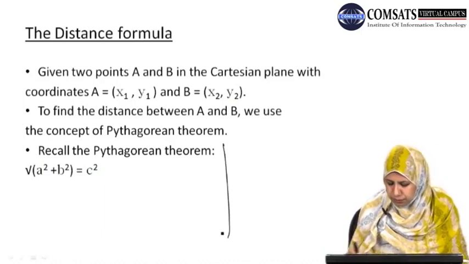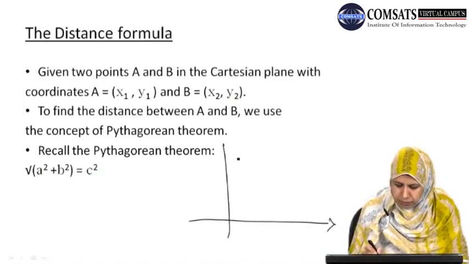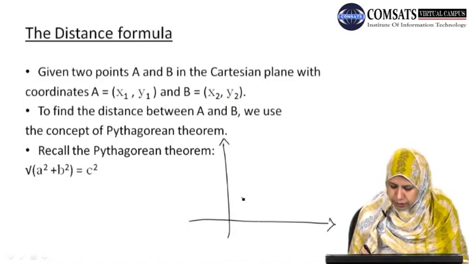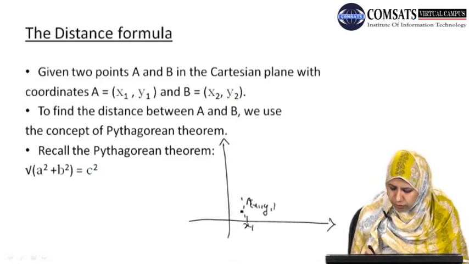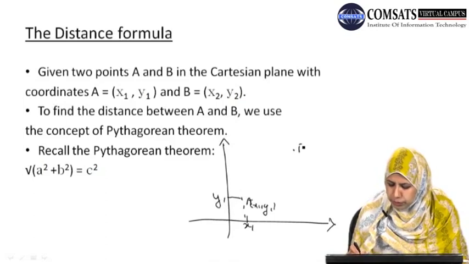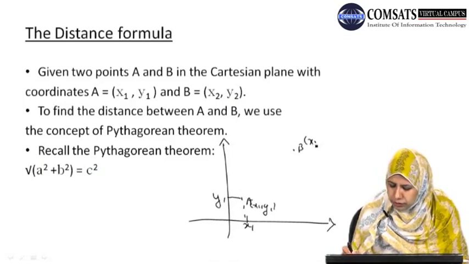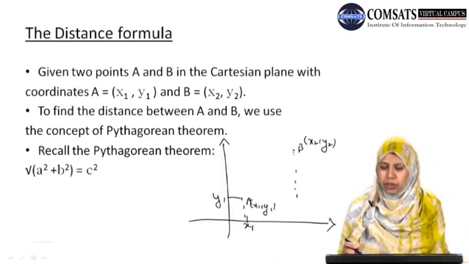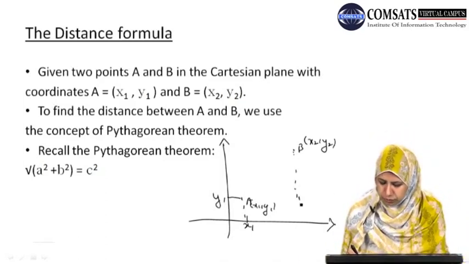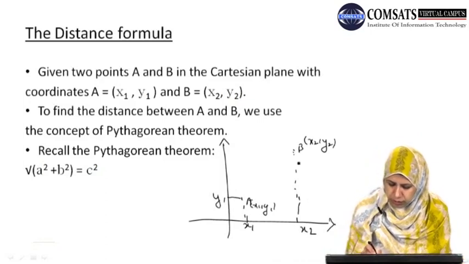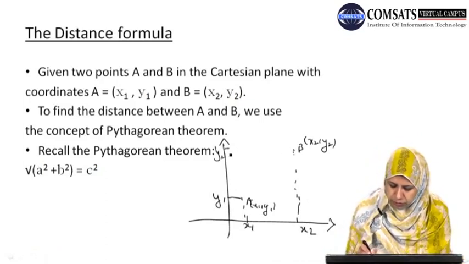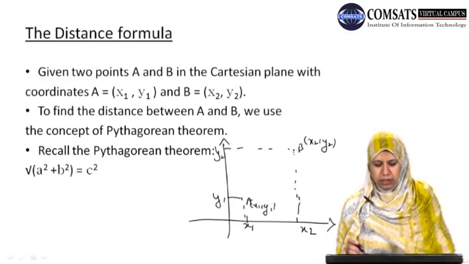that is, let's say this is our point A with coordinates x1, y1, and let's say this is our point B with coordinates x2, y2, and this is the point y2.